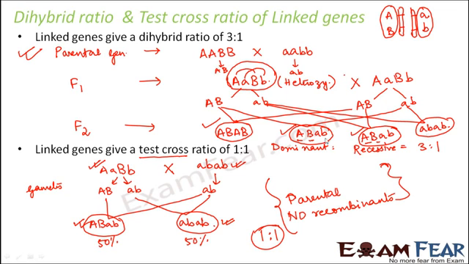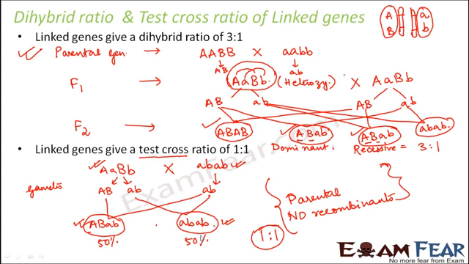However, in the genotype, you get an additional genotype, that is AaBb. This is the additional genotype, but otherwise they are all the parental phenotypes. And in this case, both the phenotype ratio and genotype ratio are 1:1, and you see only the parental combinations being formed in the offspring, and there are no recombinants being formed.